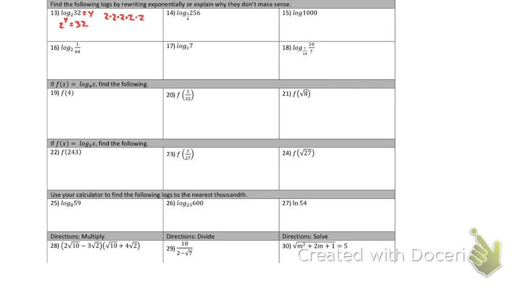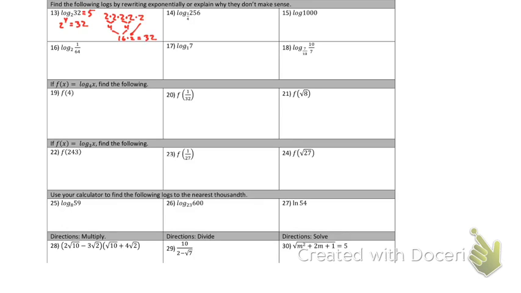Let's check if that gives us 32. That gives me 4. It gives me 4. This gives me 16. Times it by this 2. 16 times 2 is equal to 32. So my answer to this bad boy of this log is equal to 5. It's the 5th power.